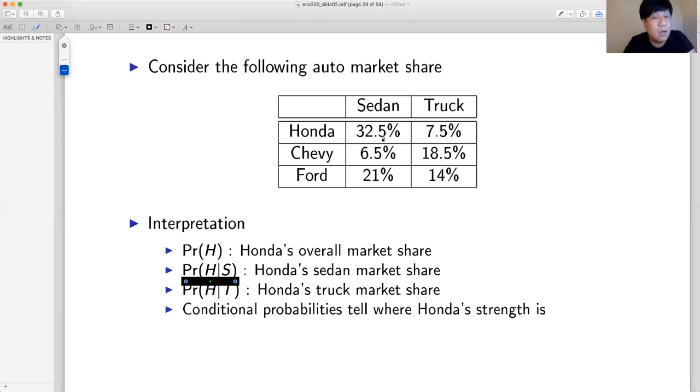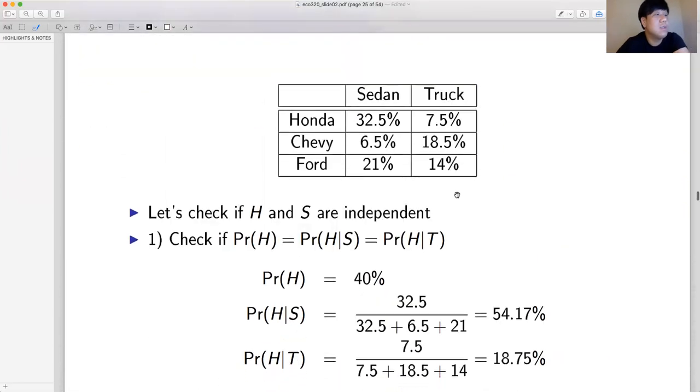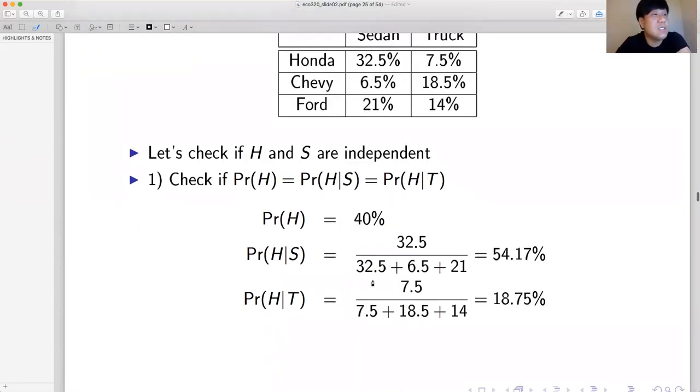That means about 54%. And you can get the same calculation for probability of H given T, which is 7.5 divided by summation of this number, which should be 40%. That would be your market share. So probability of H is this, and this is 54%, and using this, you can get this one. So that is ideal for the conditional probability, okay?